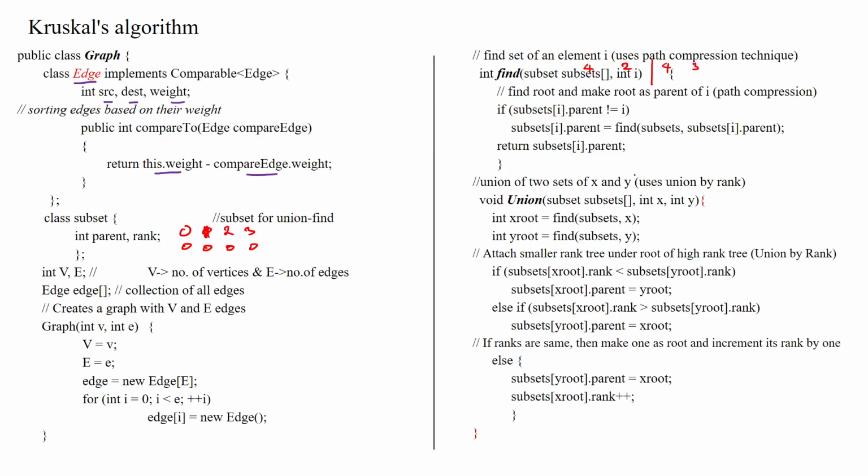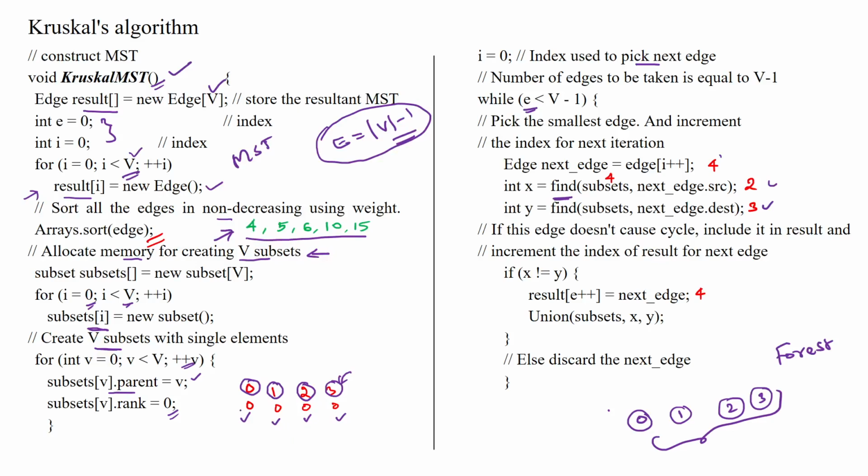Here the find method is taking the subsets for the four vertices. Each subset has only one node.